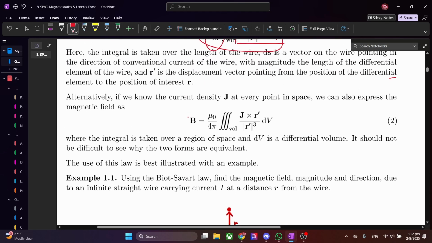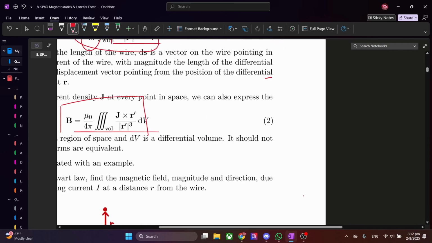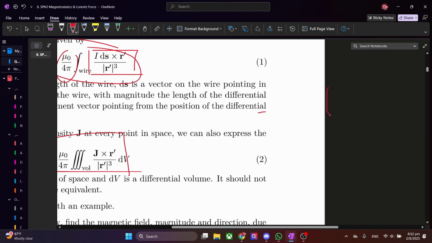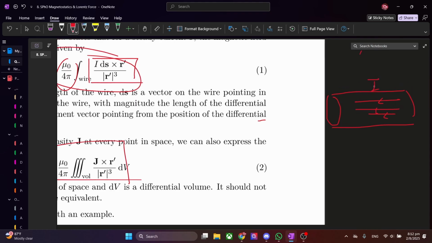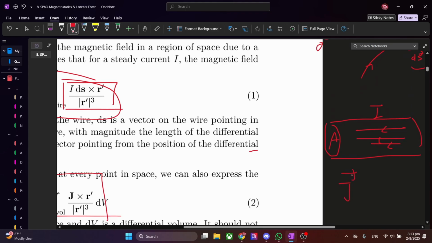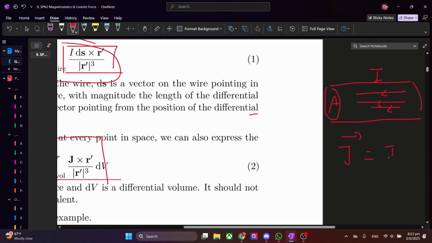Before the example, there's also this alternate form, which takes the current density instead. If you don't know what the current density means, it basically means the current per unit area. So for example, if you had some wire, and you had some uniform current flowing through it, let's say it's I, and this area here is A, then your current density J is going to be I over A. And you also multiply by whatever this R hat is.